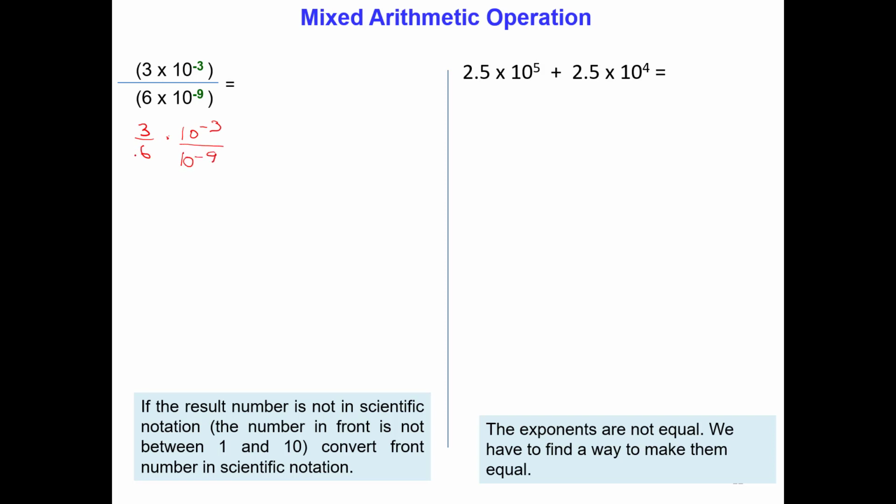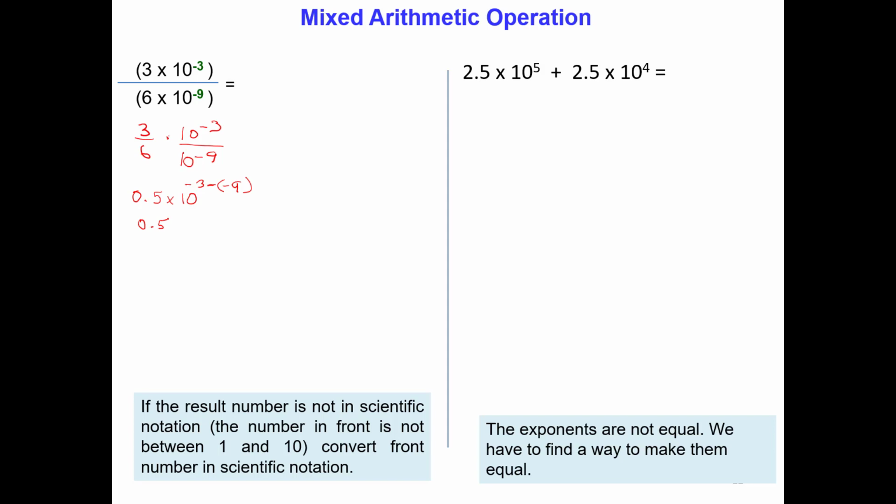And 3 divided by 6 equals 0.5. And remember, if we had division, we need to subtract the exponents: 10 minus 3 minus 9. What we had to be careful about is that if the exponent of the denominator is negative, then what we had here is an addition.